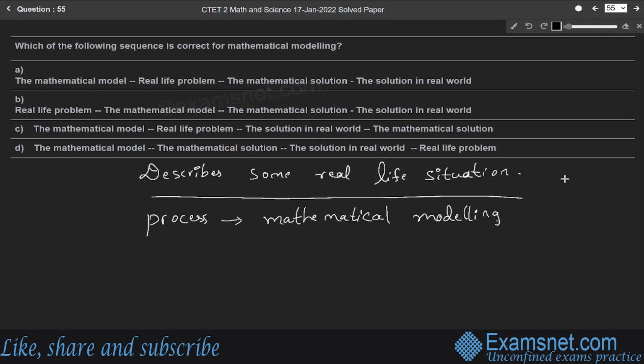So in mathematical modeling, we describe a real world problem as an equivalent mathematical problem. We then solve the mathematical problem and the solution is interpreted in terms of a real world problem. After that, we check to determine if the answer is applicable to the real world problem. The stages involved in mathematical modeling are: first stage is real life problem.